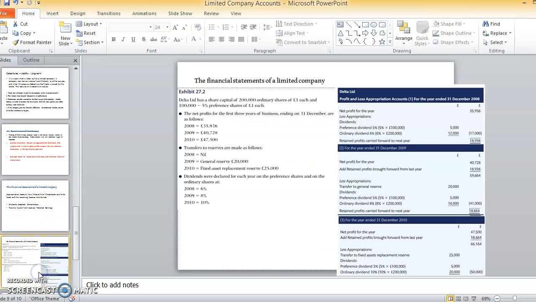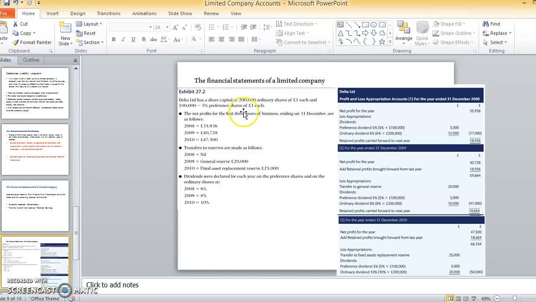Moving forward. Okay, now let me show you one of the exhibits from your book, 27.2. If you look at the information now, Delta Limited has a share capital of 200,000 ordinary shares of $1 each. If you remember, I told you a share can have any amount of nominal value. It can be 50 cents, or in UAE terms, it can be 50 fils or 1 dirham, the value of one share.